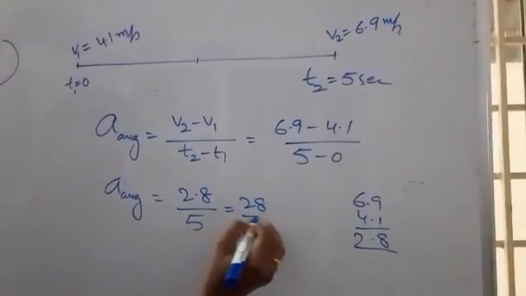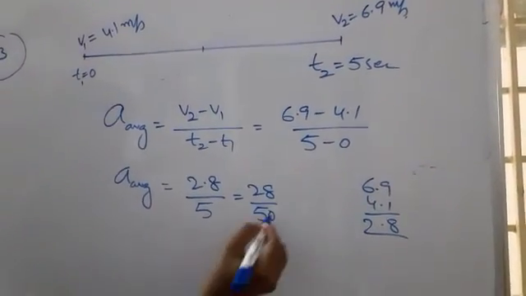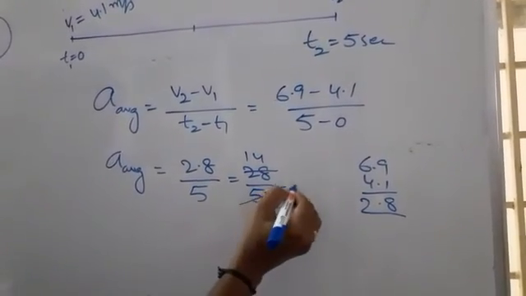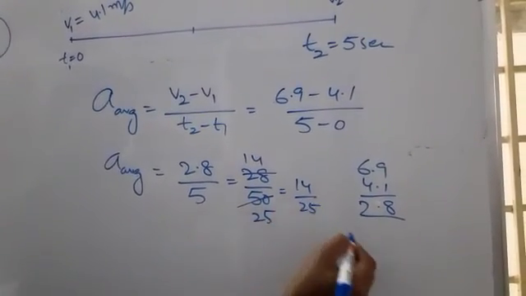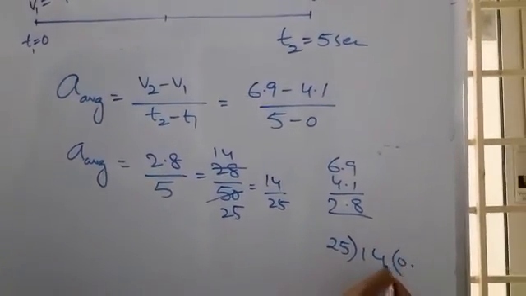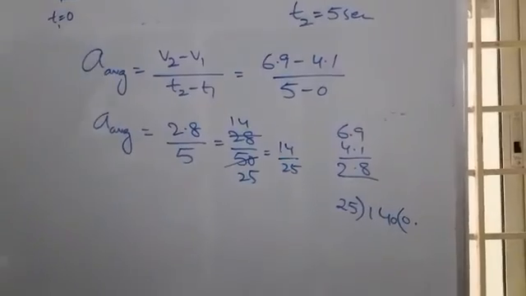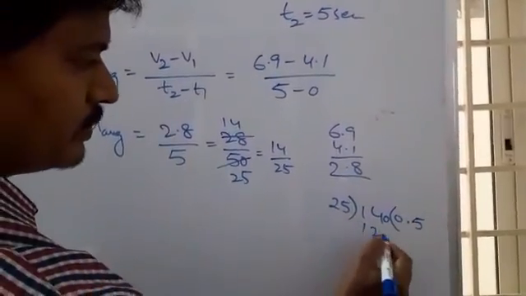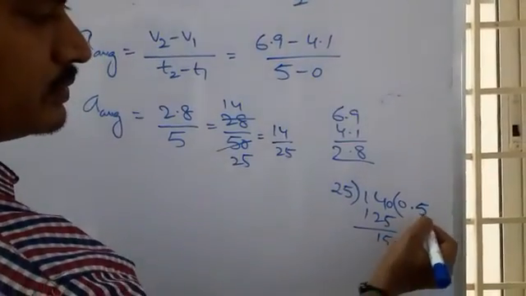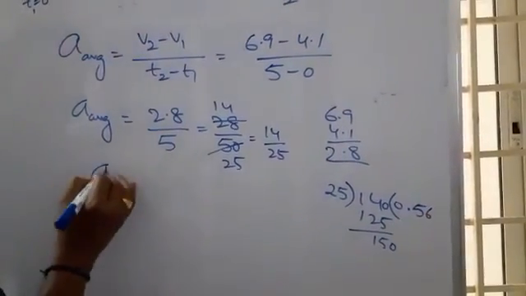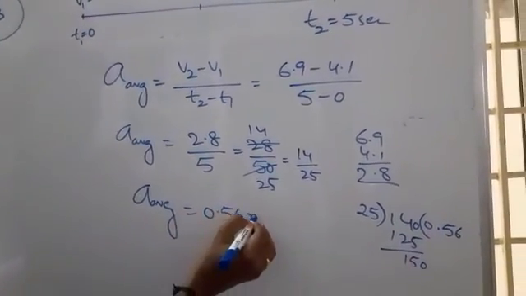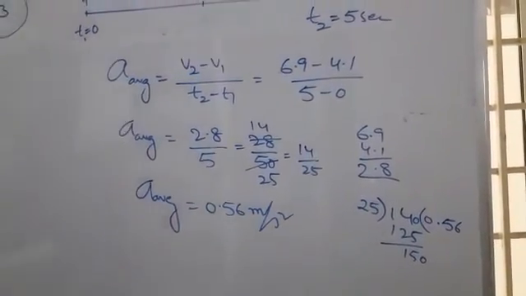That is 28 divided by 50, which is 14 by 25, which gives 0.56 meters per second square.